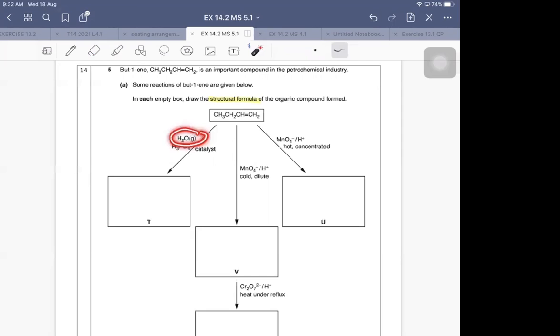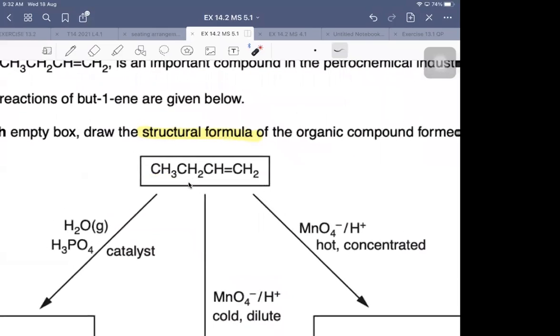So you have H2O gas, that's steam, with a catalyst of concentrated phosphoric acid. So this looks like a hydration reaction, where you will be adding water.